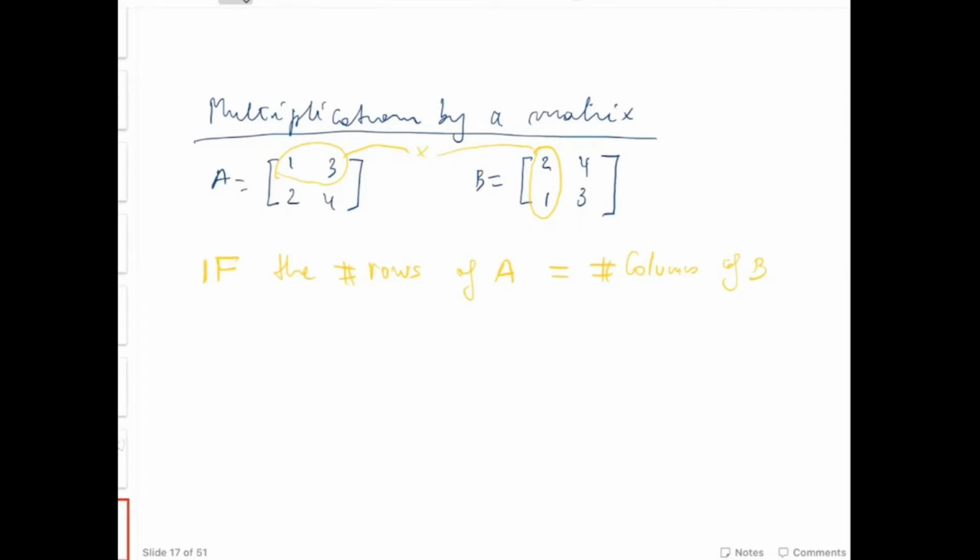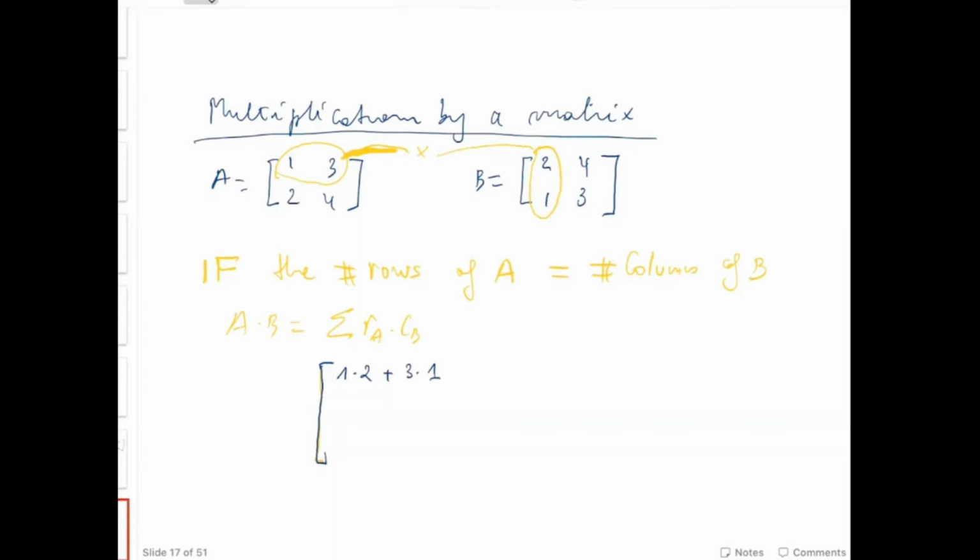So what we do is, A times B is actually the sum of the rows multiplied by the columns of B. And what we get in the first position, when we take the first row times the first column, is the first element, which will be 1 times 2 plus 3 times 1.